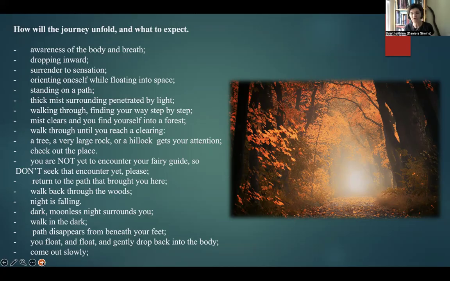You walk in the dark, and you feel the path disappearing from beneath your feet, so you float. With each inhale, you grow increasingly more buoyant. With each exhale, you land back into your body more solidly with each out breath.